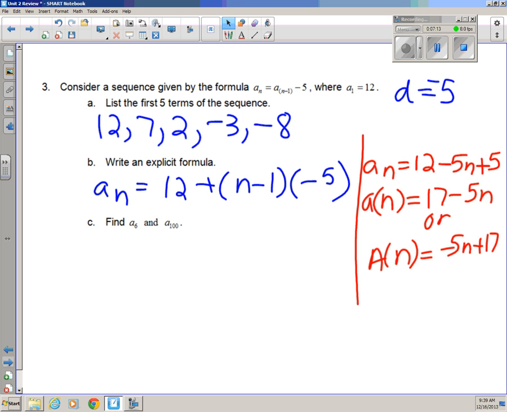When you go to find a of 6 and a of 100, you should be able to use my blue or my red, and you're going to get the same answer.